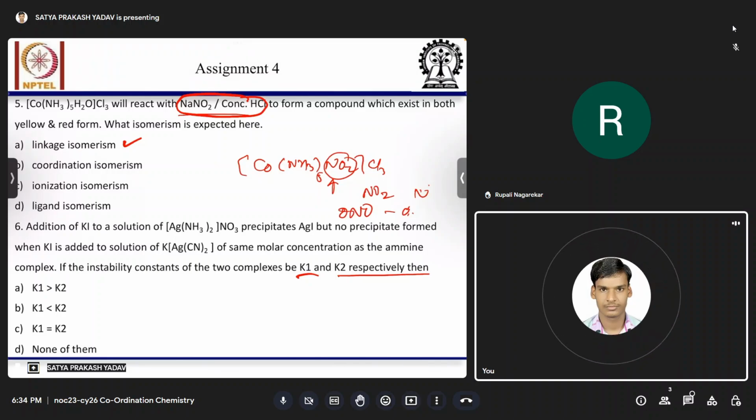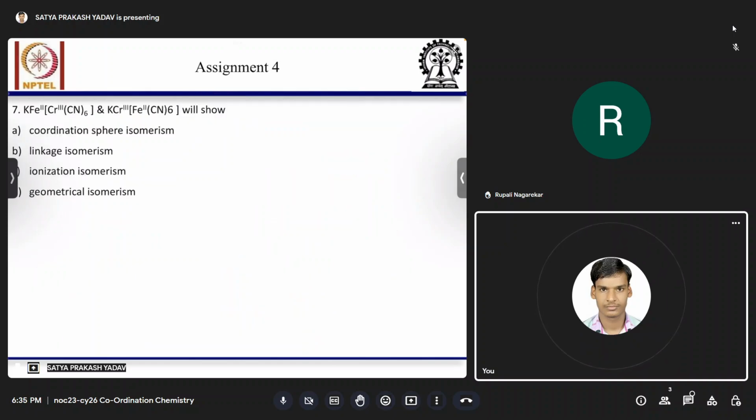So this one is from lecture number 3. As you know, the first reaction is happening, the second reaction is not happening. It means definitely your K1 is greater than K2. That's why K1 is favoring over that, but K2 is not. So this is the simple reaction. 6 is A.